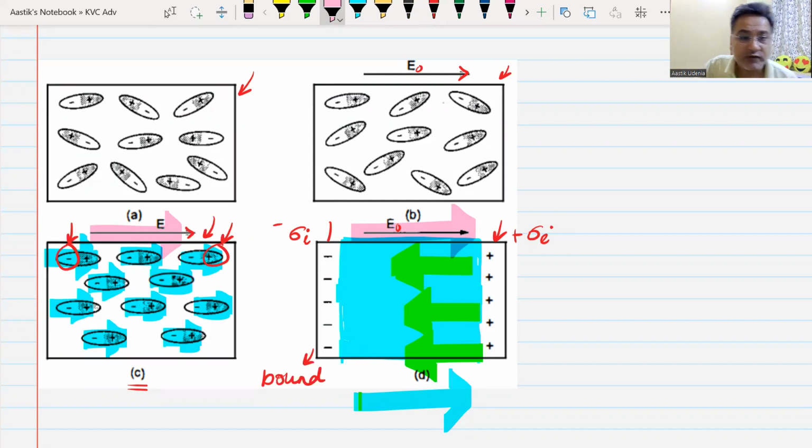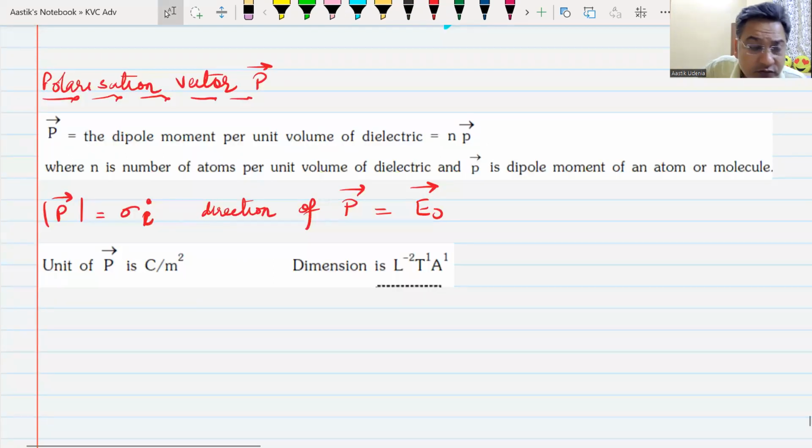Therefore, the direction of the P vector is the same as the direction of the applied electric field, and the magnitude of this vector is the same as the surface charge density of induced charges. The unit of P is the same as the unit of sigma. The dimension is the same as the dimension of sigma. I'll give you 2 minutes to note this down.